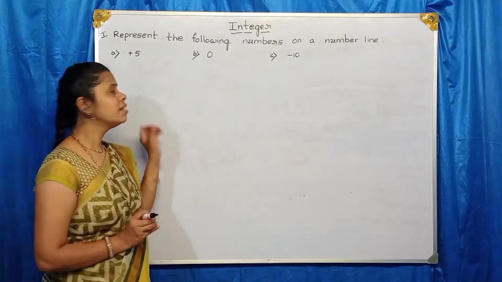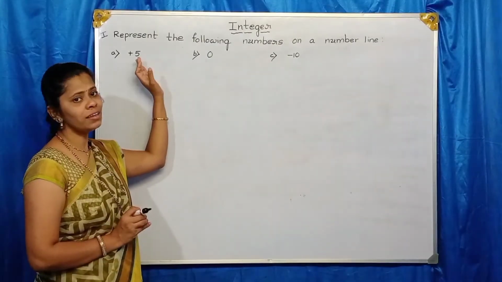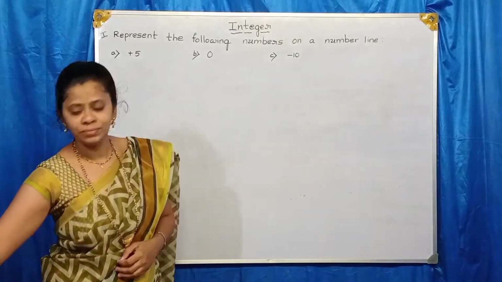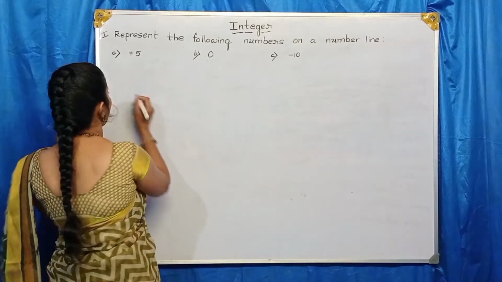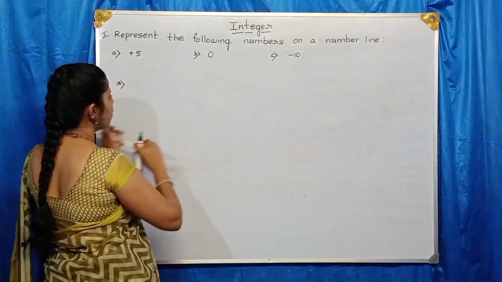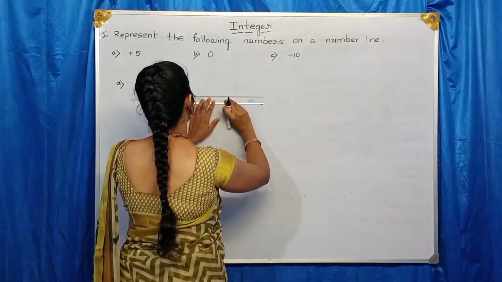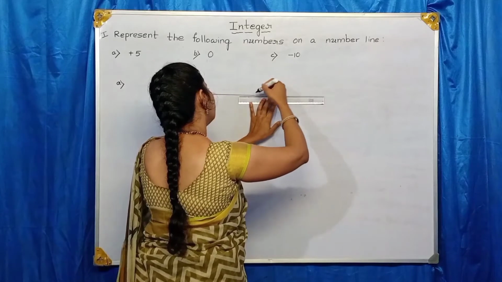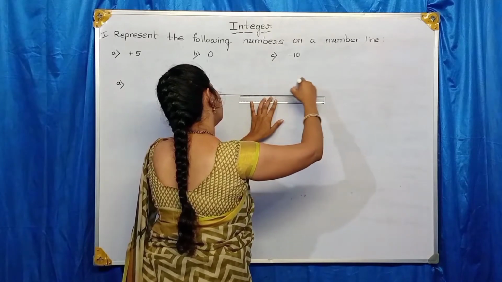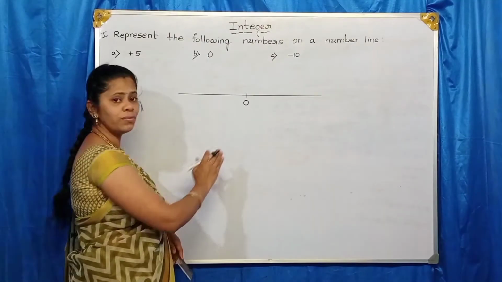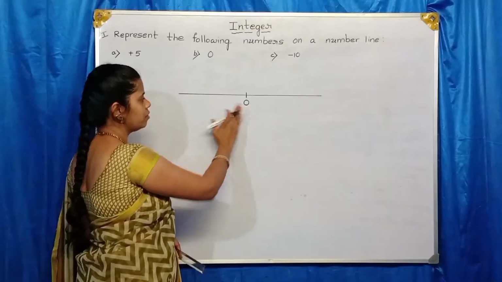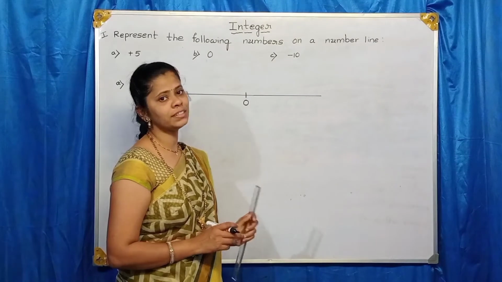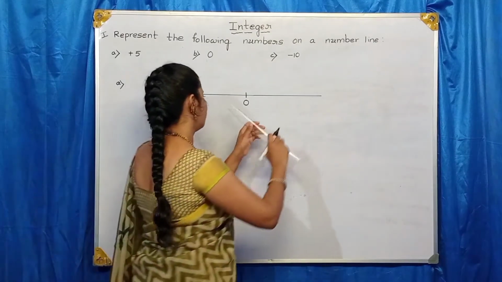Now, first let's represent plus 5 on a number line. To do this, first we have to draw a line. Let's draw a line. Now, let's mark 0 in the middle and mark the points equidistant from one another.